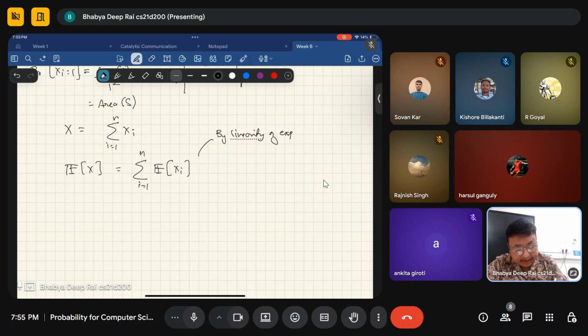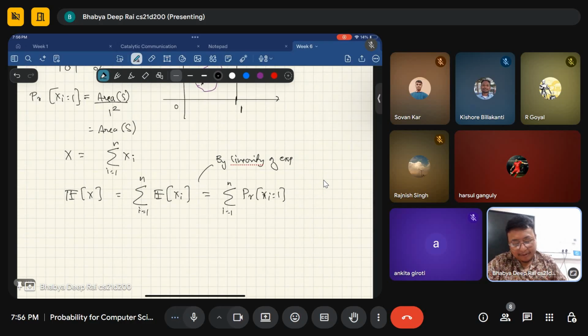Now, since this is a Bernoulli variable, it can be 0 or 1, the expectation is equal to the probability, right? We learned it a long time ago. So this is nothing but the summation, i equals 1 to n, of the probability of xi equals 1.